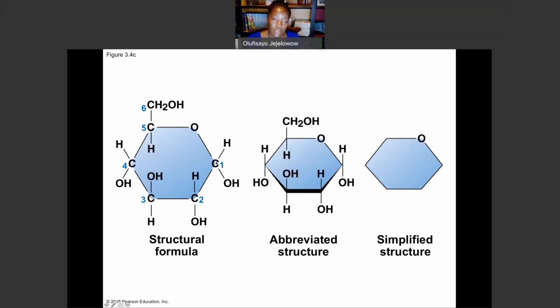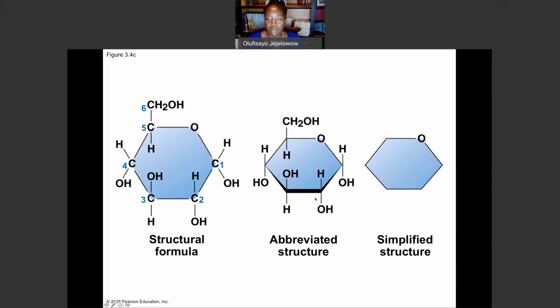So the corners, except for the top right hand corner, are represented by the carbon atoms, the carbon atom with the functional group on the outside. To make it easier and abbreviate, in this abbreviated structure, notice that we no longer have the carbons written.